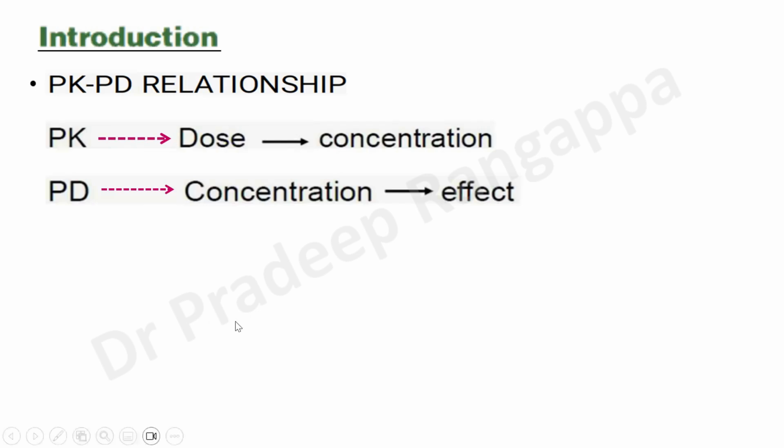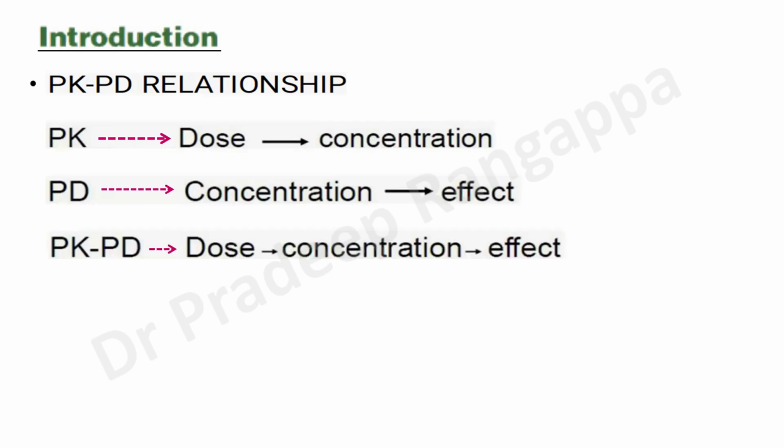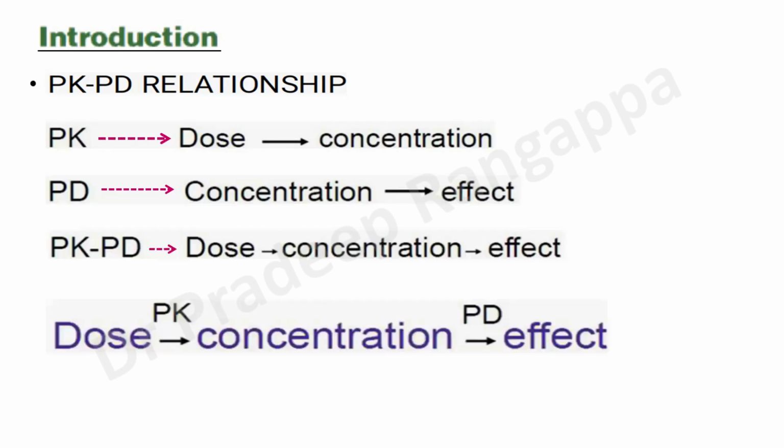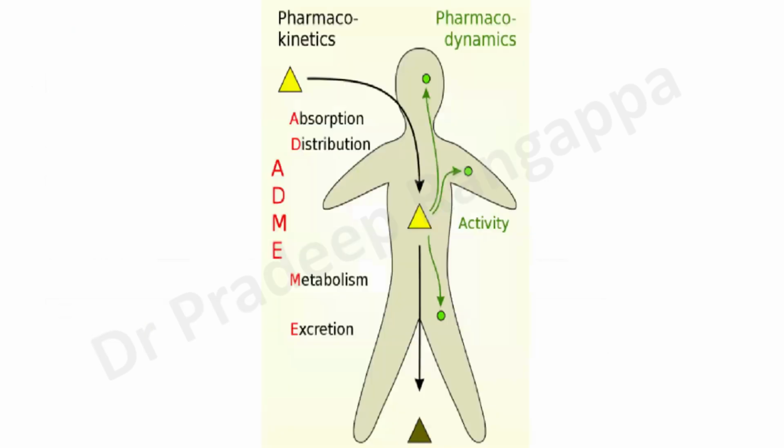Pharmacodynamics is the concentration attained by the drug and the effect that it has on that particular individual. So simplistically, PKPD is dose, concentration, and effect. That is the whole relationship, and these constitute the whole science of the drug and its effect on the body.